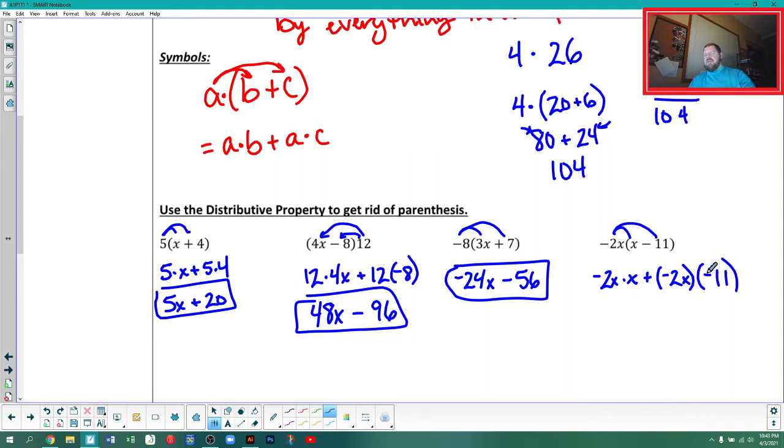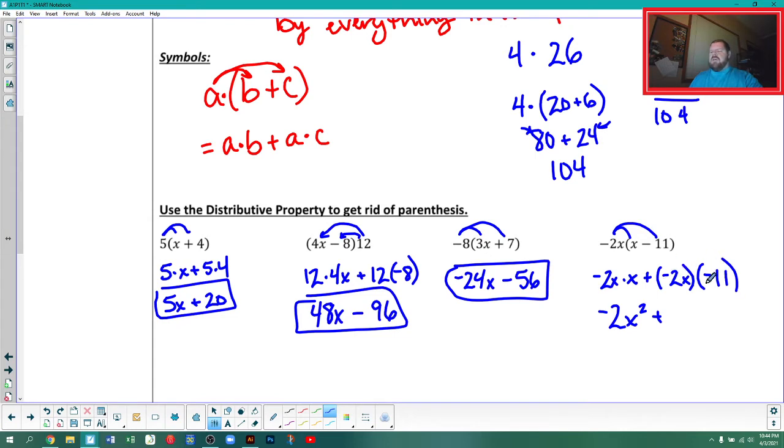And this is something that we want to make sure we pay attention to. First of all, negative 2 is the only number in this first term. And then x times x is actually what's going to give me an x squared. So that part's kind of important. The other thing on the second part is that I have a negative times a negative.